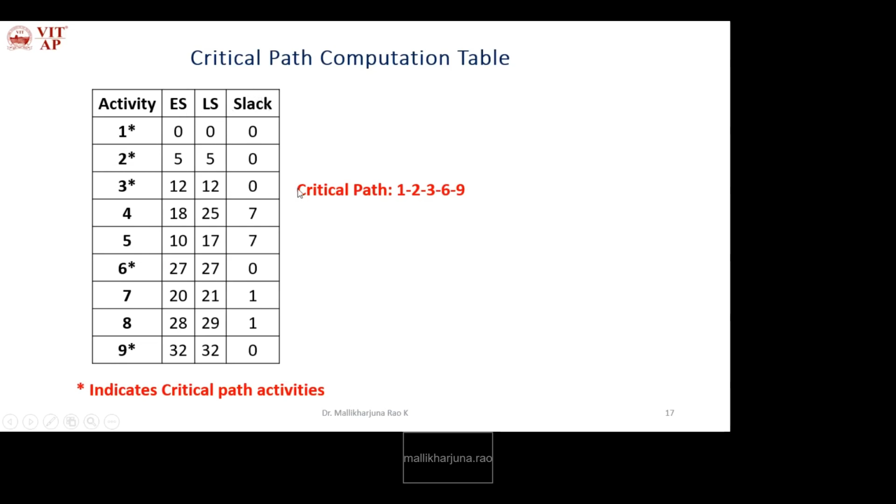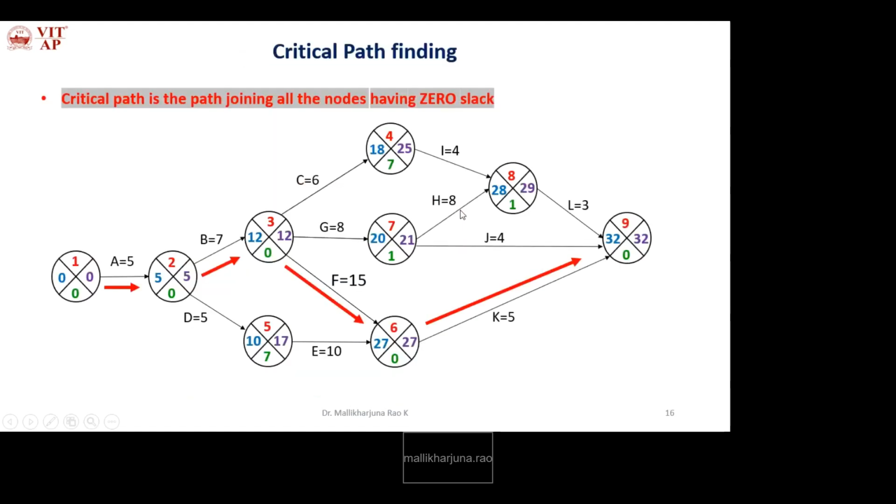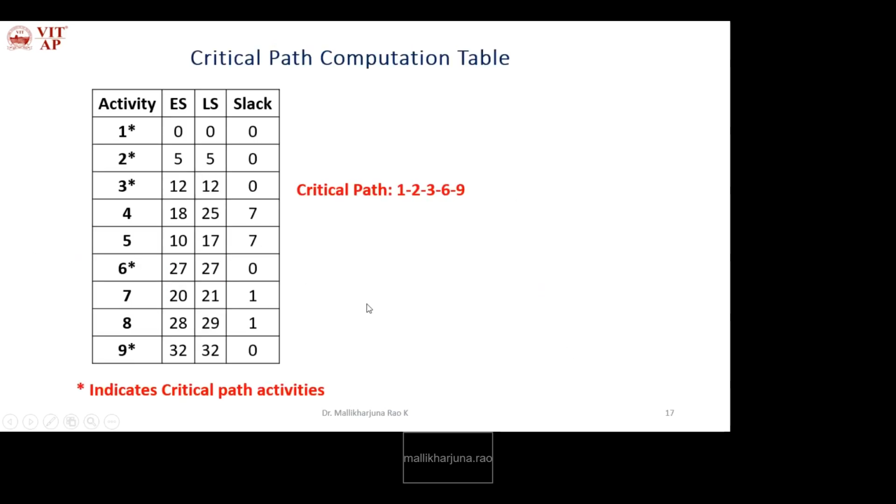So here the critical path is 1 to 2, 2 to 3, 3 to 6, 6 to 9. So A, B, F, K are the critical activities, and 1, 2, 3, 6, and 9 are the critical events.